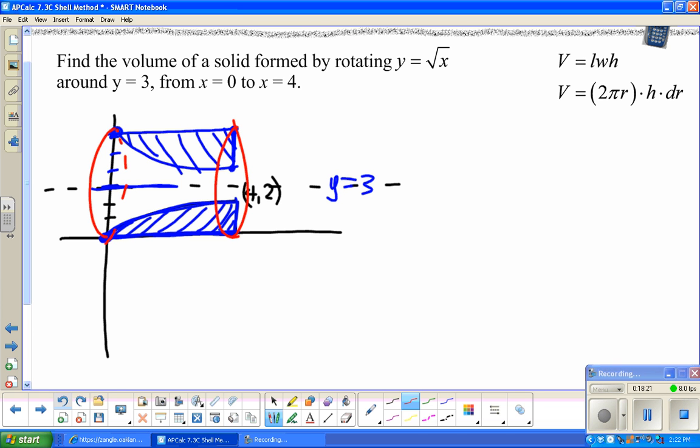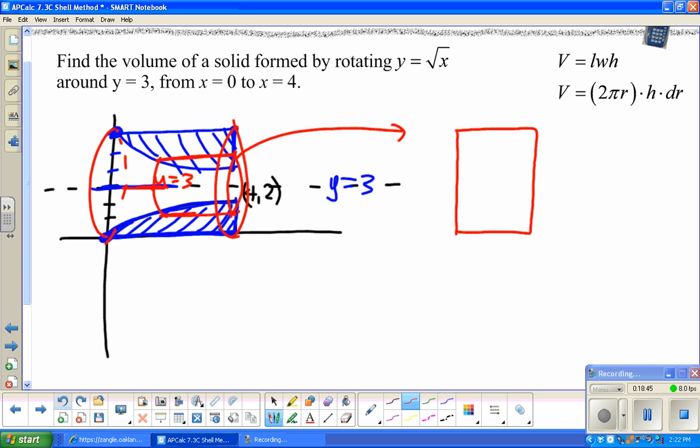Okay, and so if I grab one shell, one cylinder in the middle of all of this, okay, if I take that cylinder over here and I unroll it, it's a cylinder, a shell of a cylinder, everything is being measured from y equals 3.